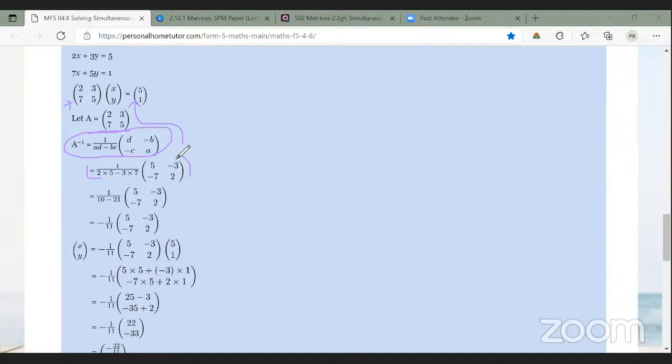And once you start applying this formula in your equation, then this one will have become the matrix 1, 0, 0, 1. Yeah. So you apply this one here, and then by right, your equations should start to look like this.